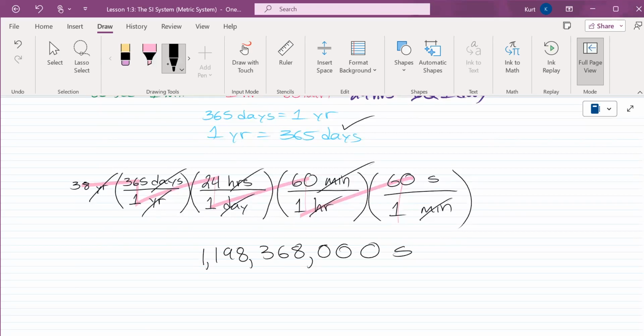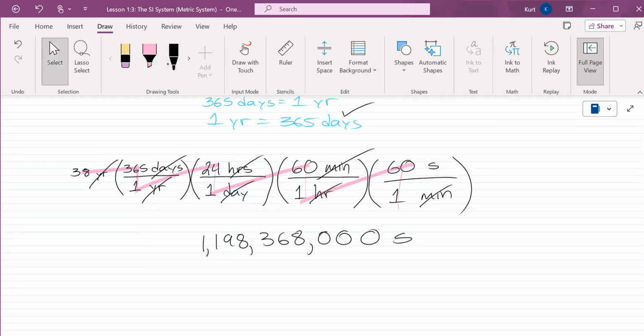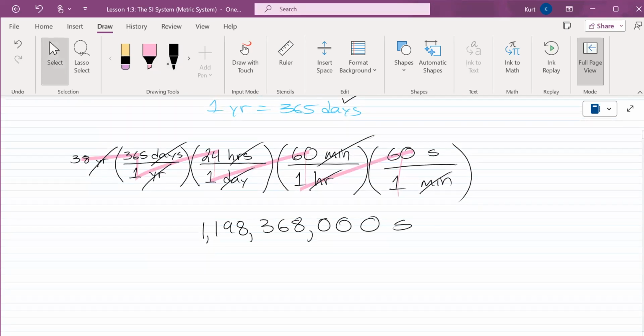I need to put that in scientific notation. That's way too big. What would it be in scientific notation, Varun? What's my unit of measurement? Yes.